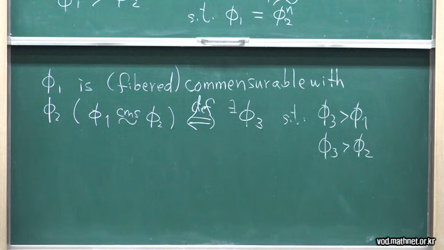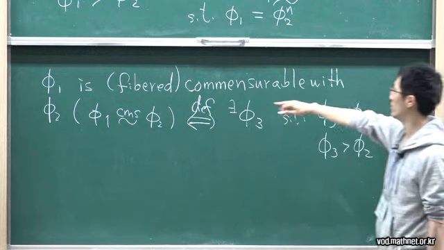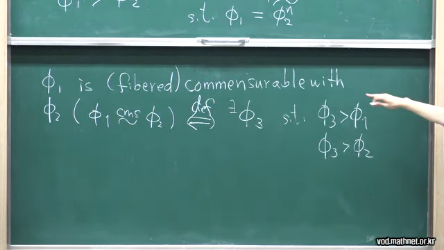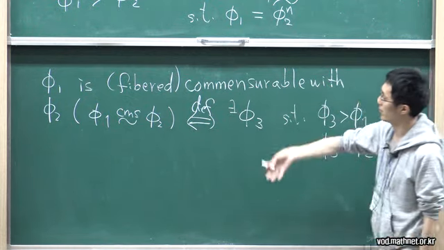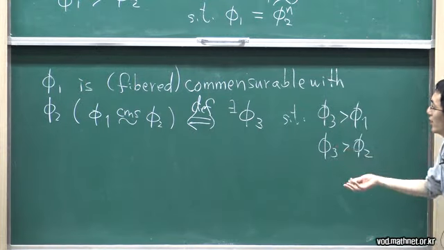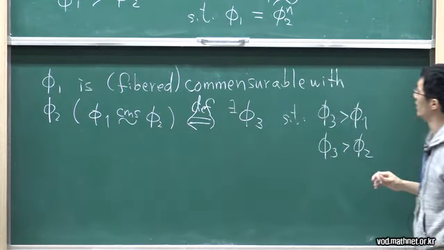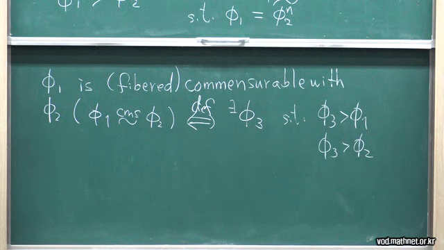And I want to talk about basic properties of this commensurability. This is called fibered commensurability because after taking a mapping torus, this can be seen somehow like the commensurability of fibrations of the manifold. And this is why it is called fibered commensurability, but probably I will just say commensurability in this talk. So there are several standard facts.